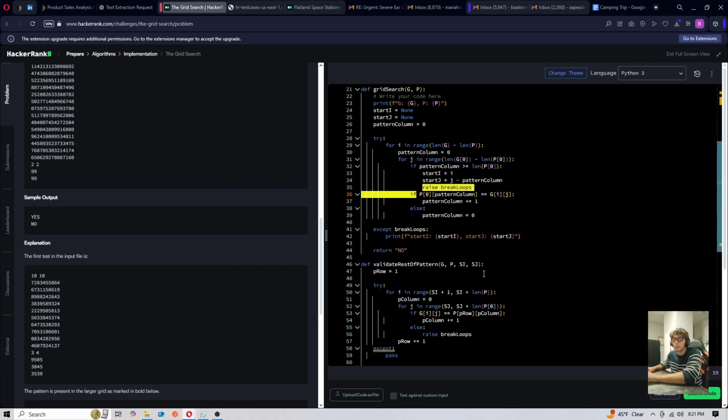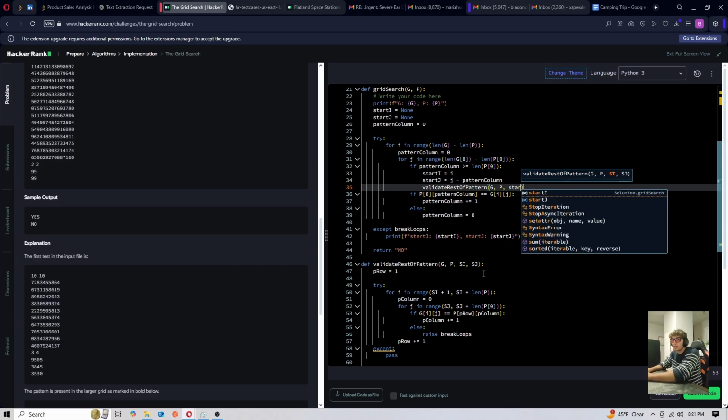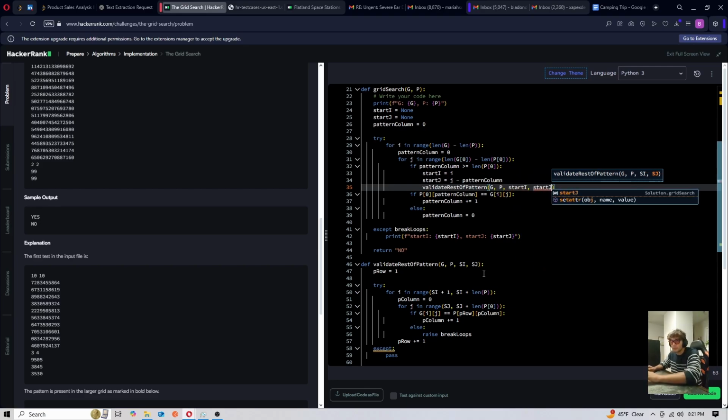So we're not going to want to break the loop here. What we're actually going to want to do is validate the rest of the pattern, and we'll pass G, P, start I, start J.